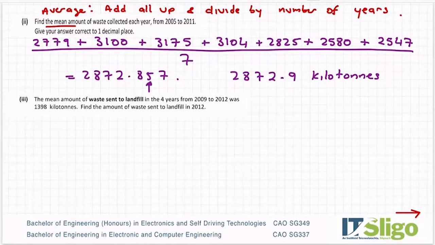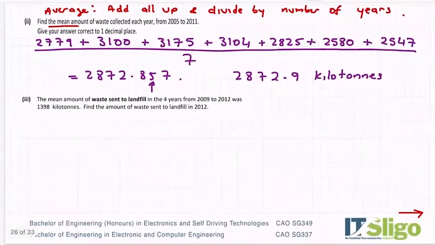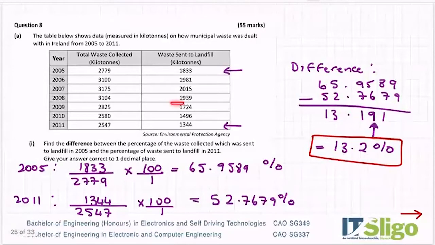Next part. The mean amount of waste sent to landfill in the 4 years from 2009 to 2012 was 1398 kilotons. Find the amount of waste sent to landfill in 2012. We know from the data what was sent to landfill in 2009, 10 and 11.